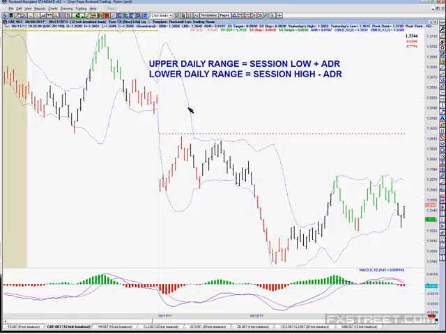This probably isn't something that you're going to use every single day, and this is for someone who trades intraday. But when you get those big days where the market's moving, this will help you at times determine either exit points or whether you want to enter a trade.